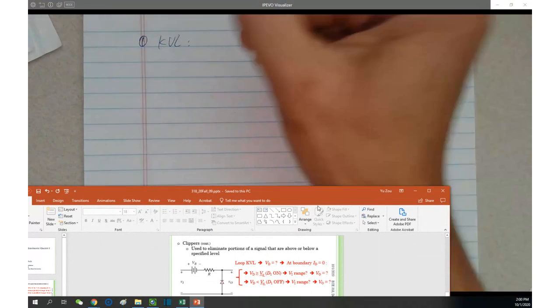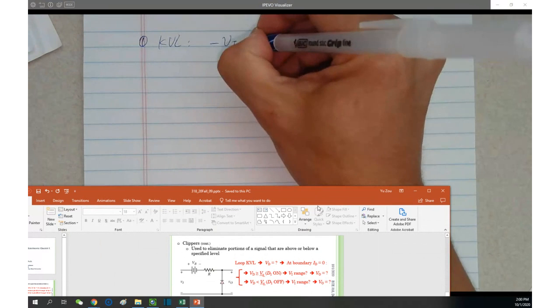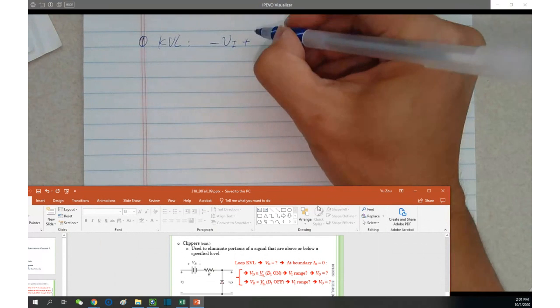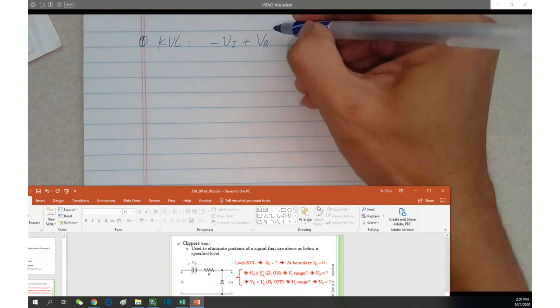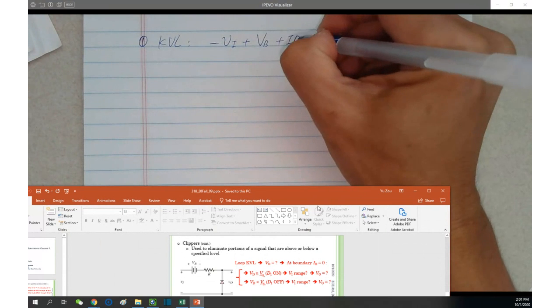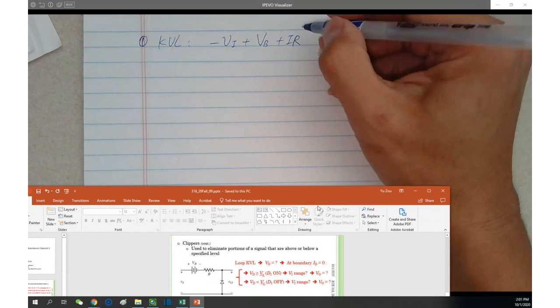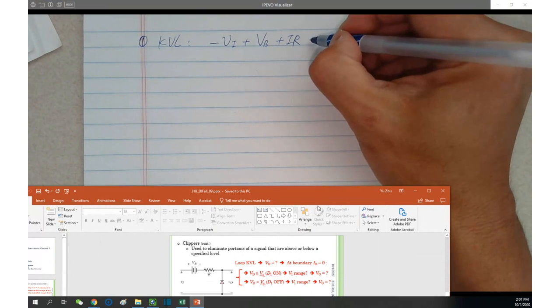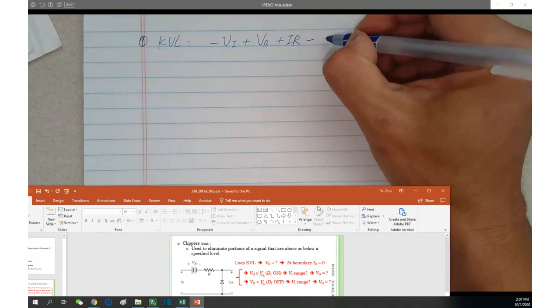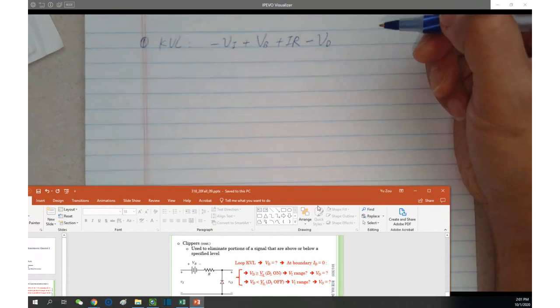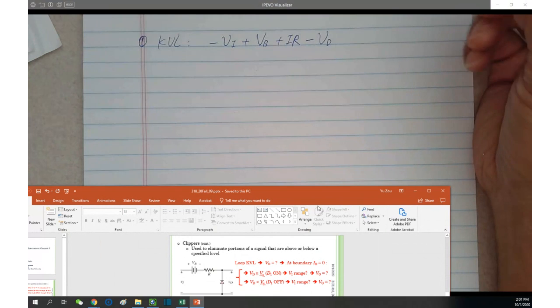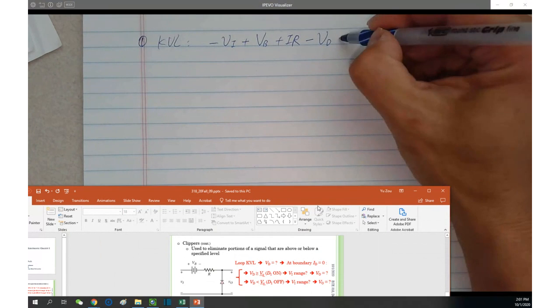How about EI again plus BB plus IR minus VD equals zero.